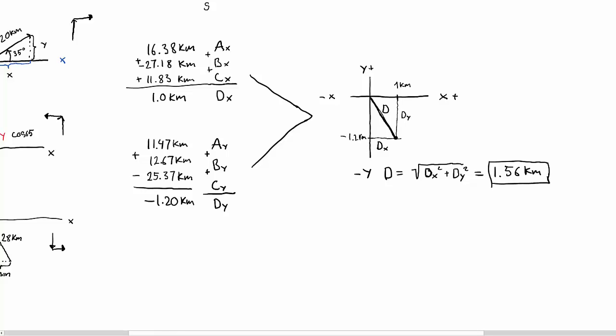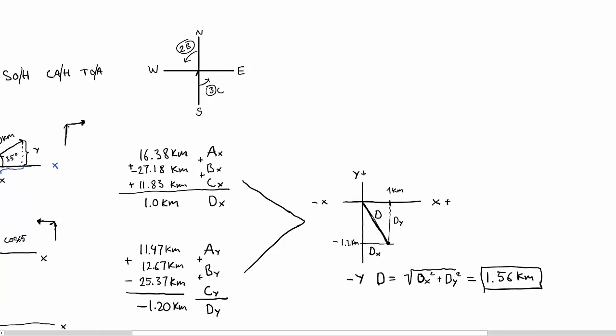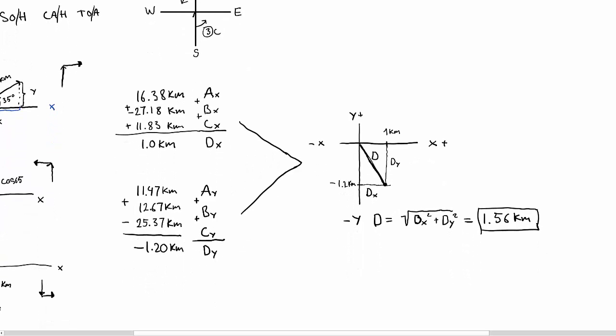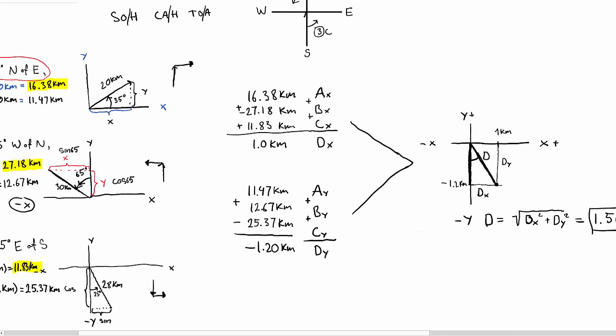However, we do want to find out what's the angle. Now with the angle you have to be kind of careful. You have to select which one you want. So we'll want this right here. And this is our triangle. To be more explicit, we need to name it, which is east of south.